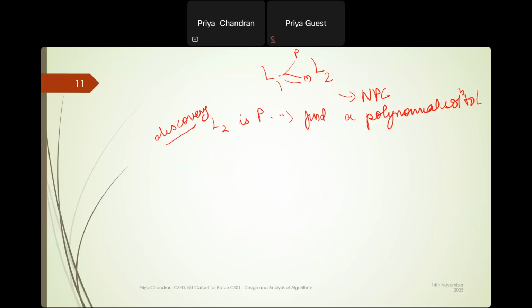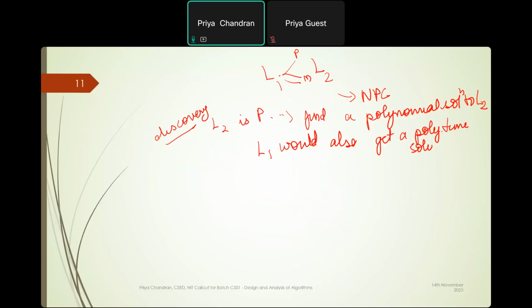Then the implication is that L1 would also get a polynomial time solution. In fact, all problems in NP would become polynomial time solvable.